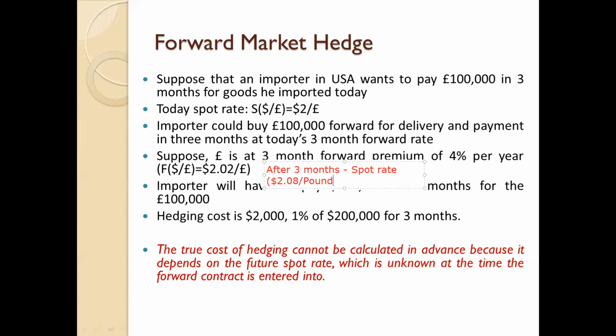I'm using these letters because I don't have a symbol here, right? So after 3 months, spot rate is $2.08 per pound. Then how much amount does he have to pay in order to buy 100,000 pounds, right?